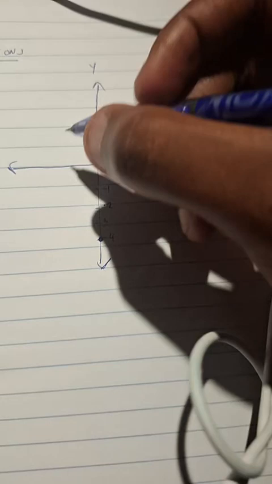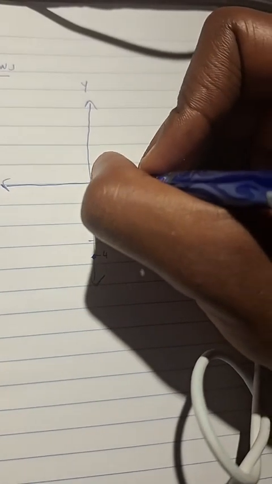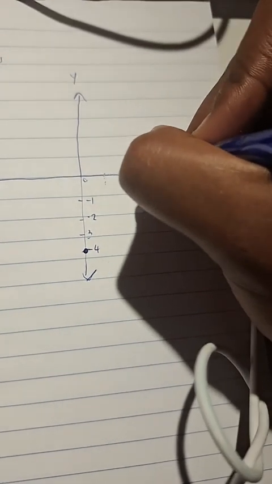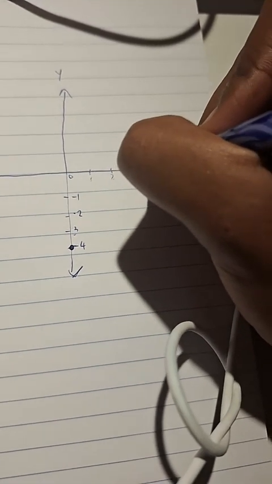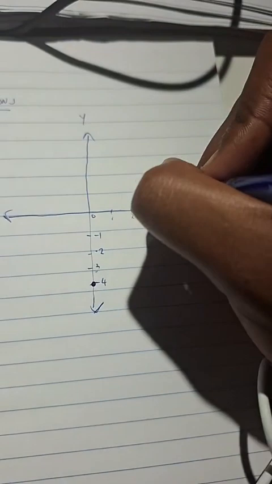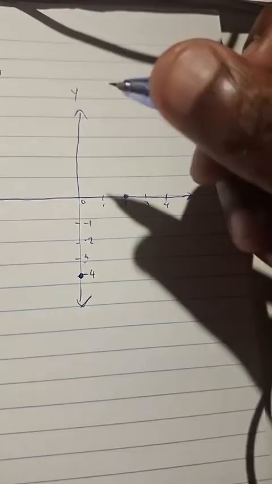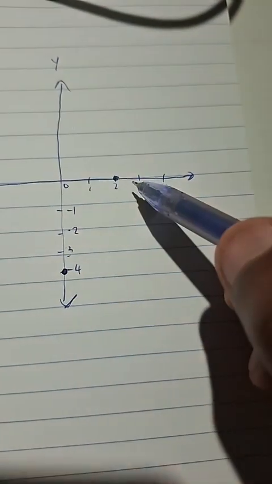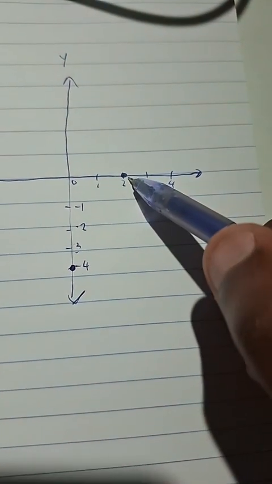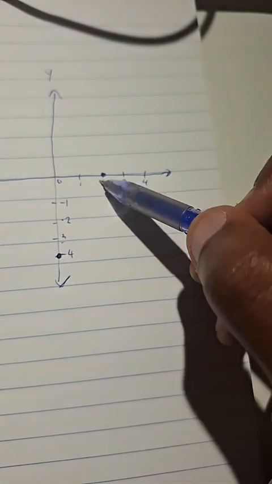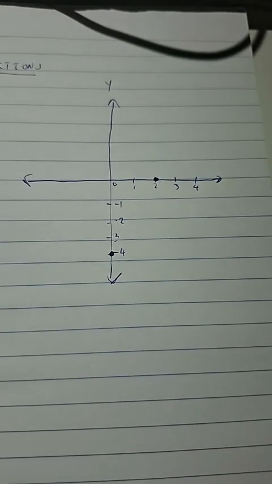On our number line, we have 0, this is 1, this is 2, 3, 4, and so it goes. So 2 and 0, where x is 2, it's here. And on the x-axis, this is also where y is equal to 0. So those are our 2 points for the graph.